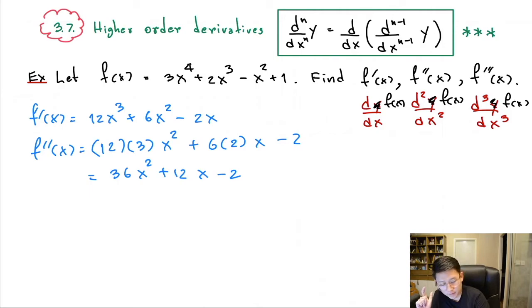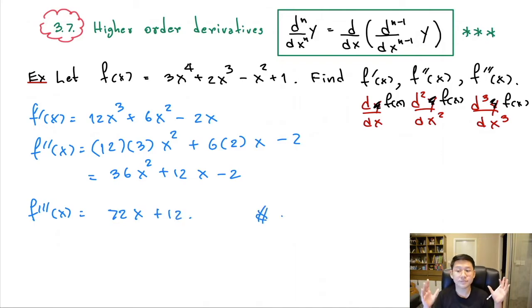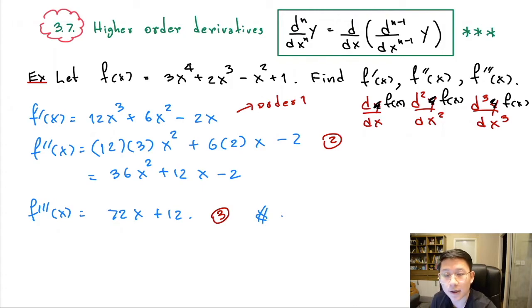If you want to find the third derivative, you differentiate it again. So you get 72x plus 12, and that's done. This is called higher order derivatives. This one is the derivative of order 1, this is order 2, and this is order 3. So it's the first derivative, second derivative, and third derivative.